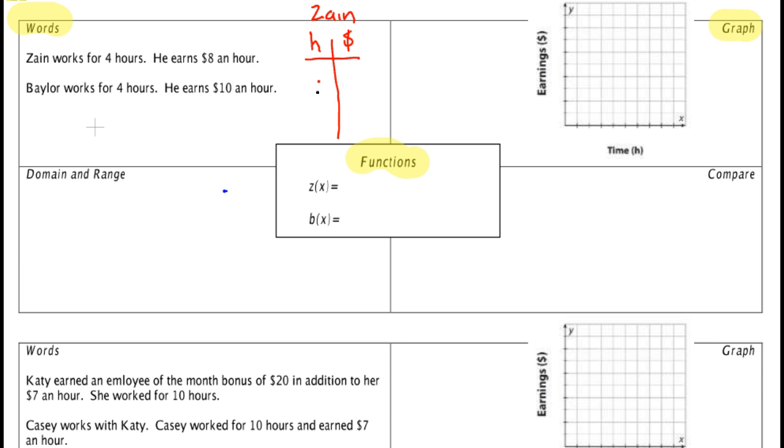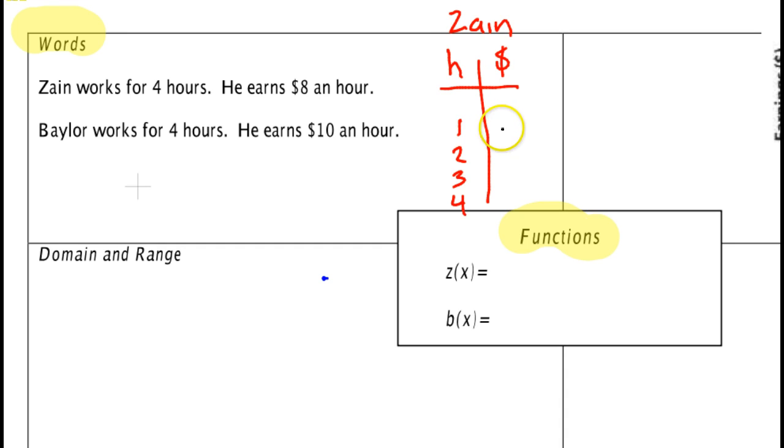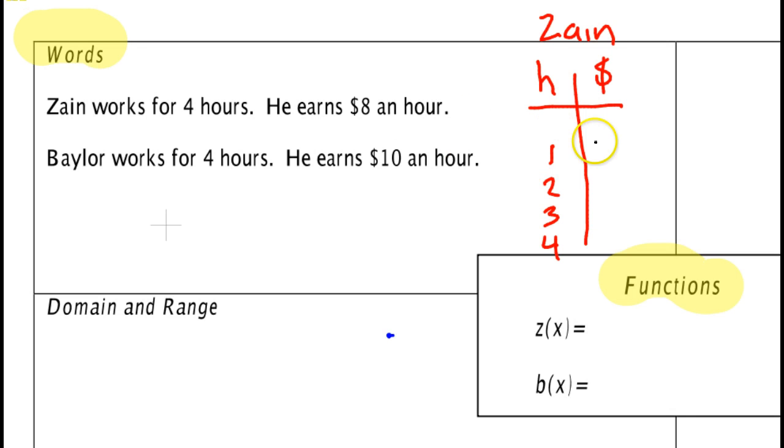So we have $1, $2, $3, and $4 for our hours worked. And if he's making $8 an hour, how much money does he get after the first hour? Yeah, just $8, right? Make it bigger. Just $8. How much money does he have after 2 hours? Yeah, and 3, and 4.